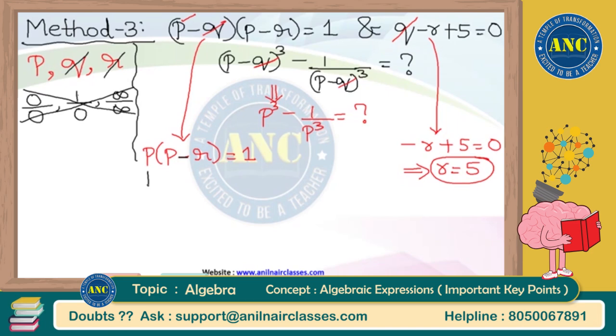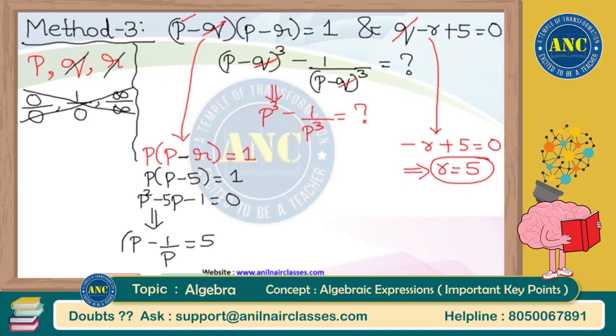Substitute it here. This becomes p into (p minus 5) equal to 1, or in other words p square minus 5p minus 1 equal to 0, which can be reduced to p minus 1 by p is equal to 5.